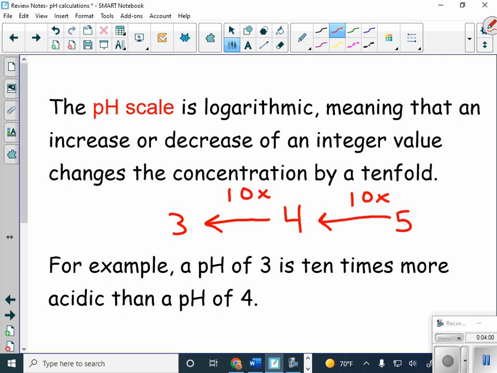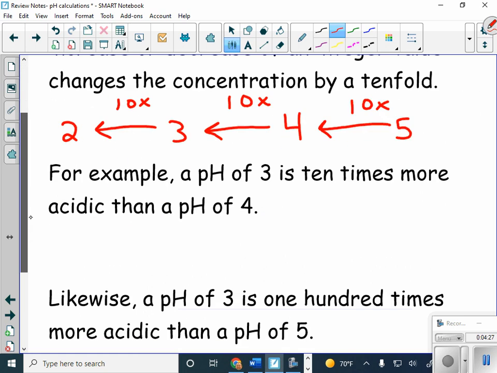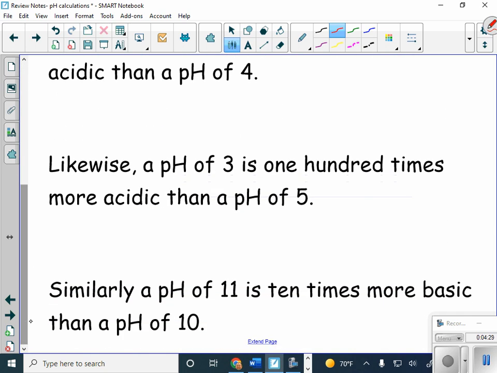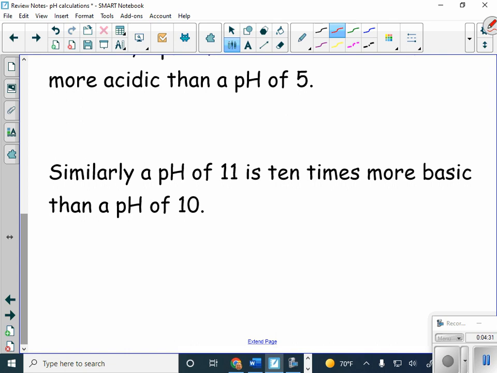That's a logarithmic scale. Now let's think about this. What about 2? How do 5 and 2 relate? Matthew: 2 is 1,000 times more acidic than 5. Excellent. Now, when I look at the pH of a base, it's the same thing.